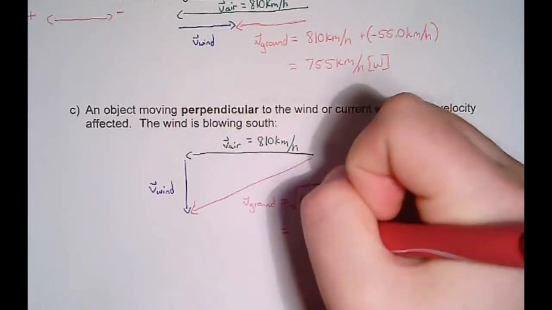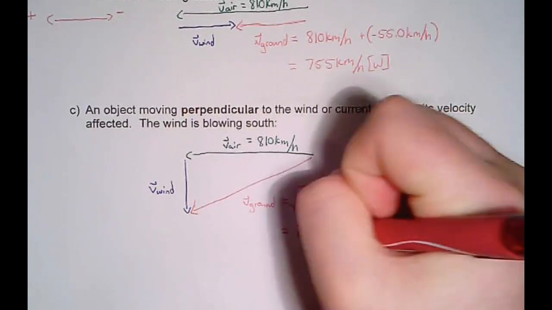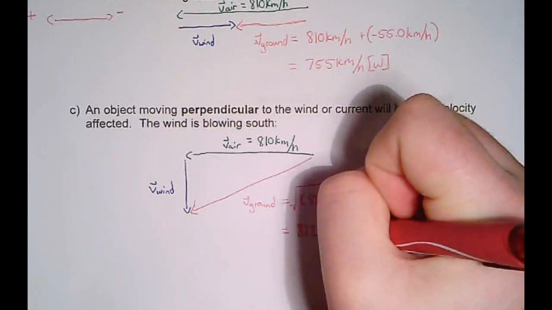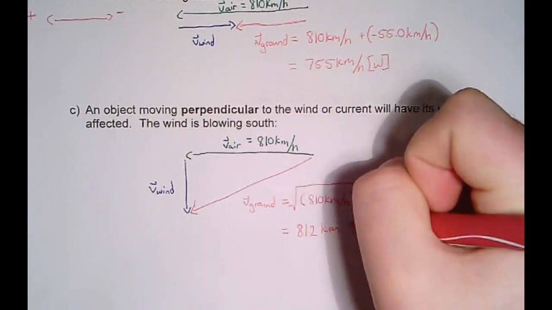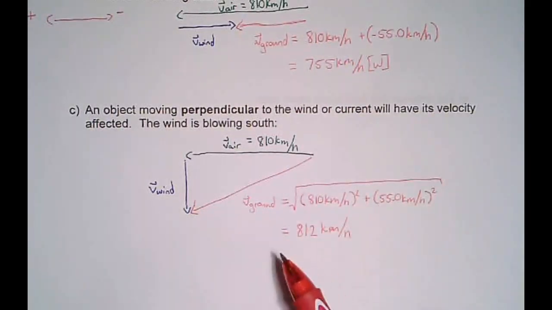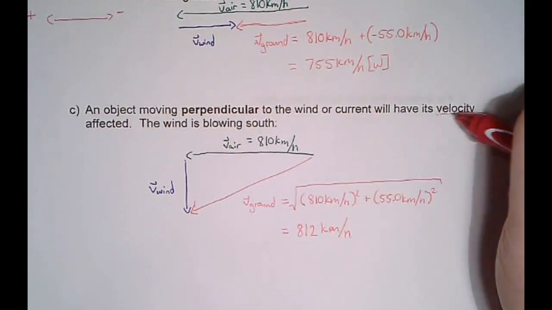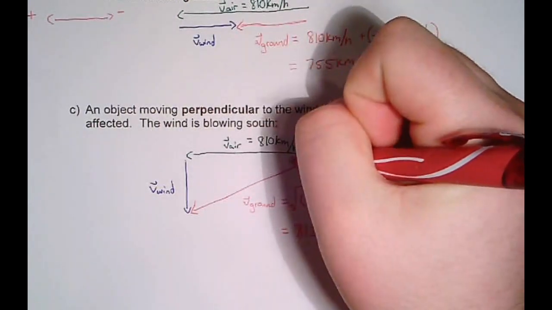That gives us a speed of 812 kilometers per hour. All right, that's our speed, but we're wanting to find velocity. To find velocity, we also have to have direction.